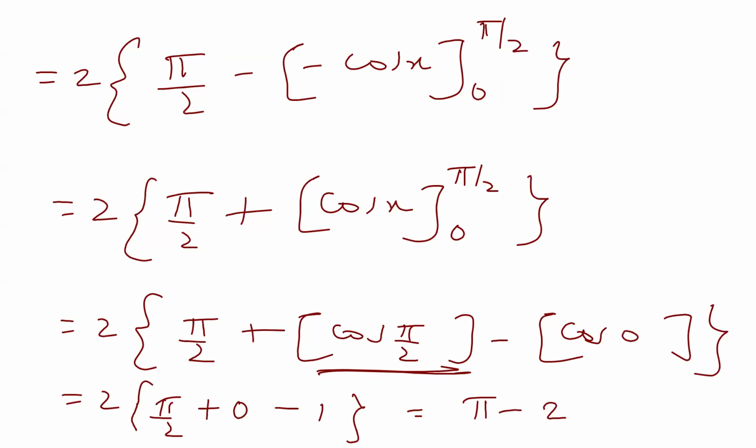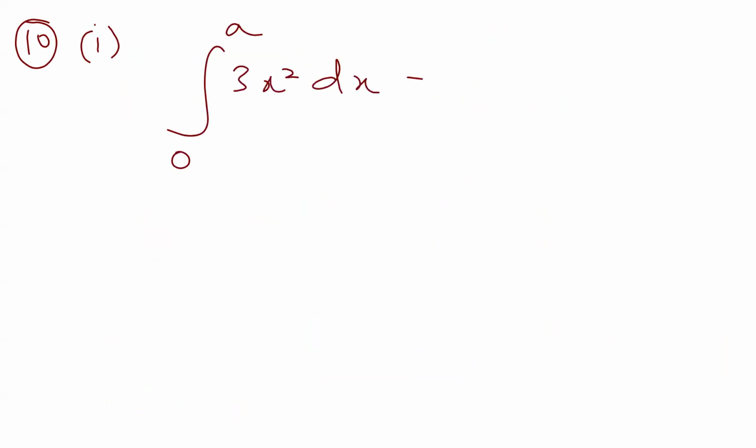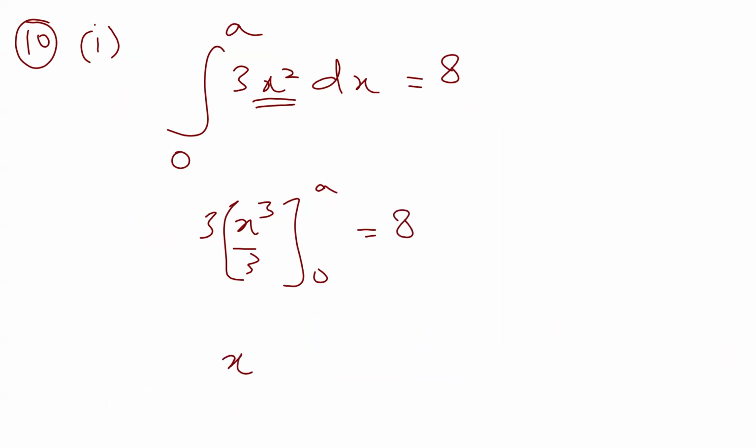That is question number 10, sub question 1. Integral from 0 to a of 3x squared dx is equal to 8. So 3x cubed by 3 from a to 0 is equal to 8. The 3 cancels, only x cube is left.